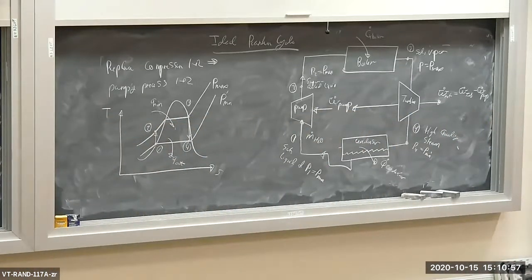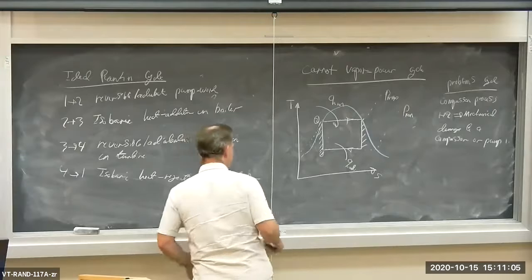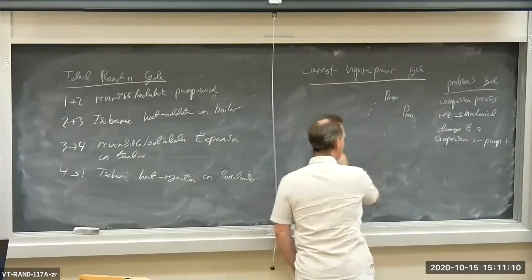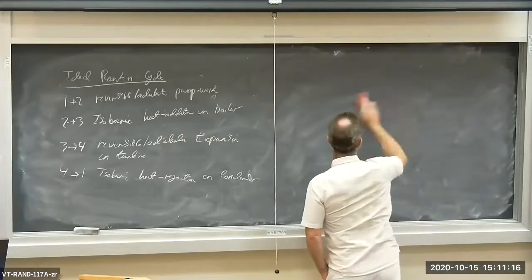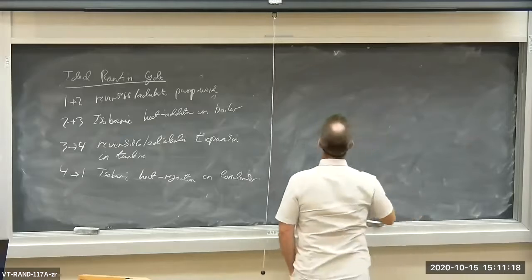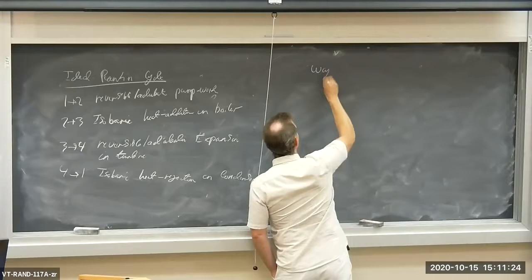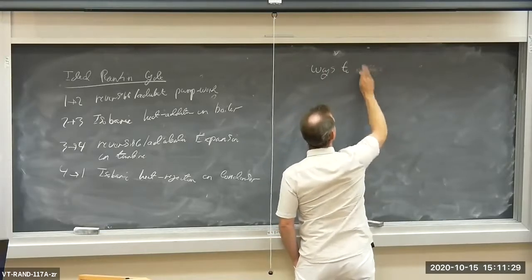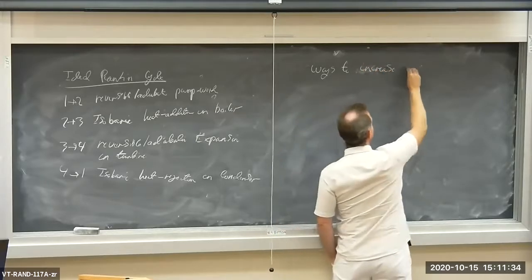Now, what are some strategies here for increasing performance of the Rankine cycle? Remember we talked about increasing performance of the Brayton cycle? What are some things we can do to modify this cycle to either produce more power or to make it more efficient? So, ways to increase performance.